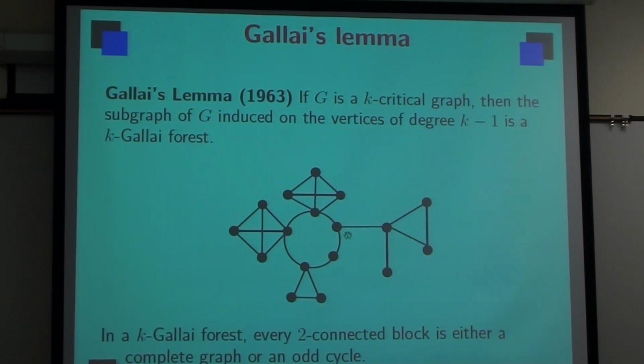So basically, a block is a maximal subgraph which is 2-connected. And each block should be either a complete graph or an odd cycle. And Gallai's lemma is stronger than Brooks' theorem. It implies Brooks' theorem. So we use this lemma.